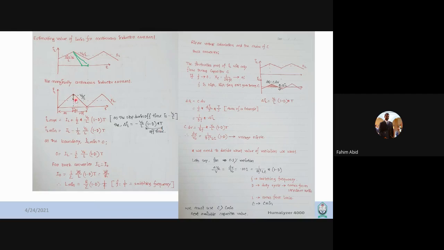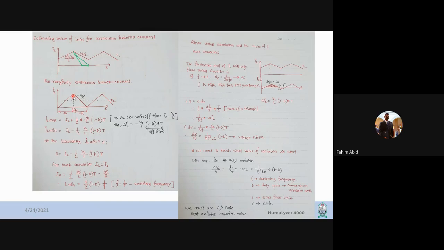At that stage, this is the AC part of the inductor current, or delta IL, and this is the average, IL, the DC part of the inductor current. So the peak of this inductor current, IL max, is equal to IL plus this part.